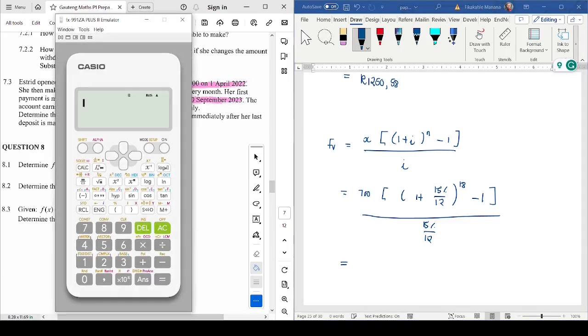And we see then, so 700 multiplied by 1 plus 15% over 12 to the power 18 minus 1, close the brackets, and we have 15% divided by 12.